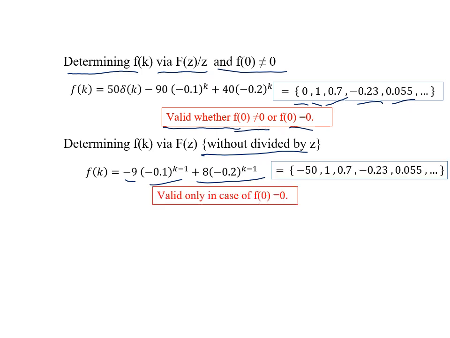If we substitute by k equals 1, then we have f of 1 equals negative 50, and f of 2 equals 1, f of 3 equals 0.7, f of 4 equals negative 0.23, and f of 5 equals 0.055. This is valid only in case of f of 0 equals 0.